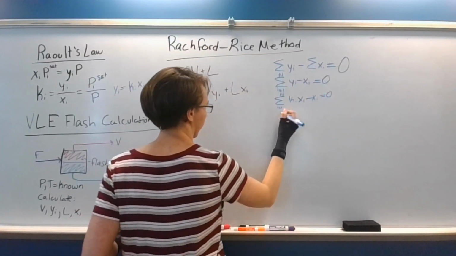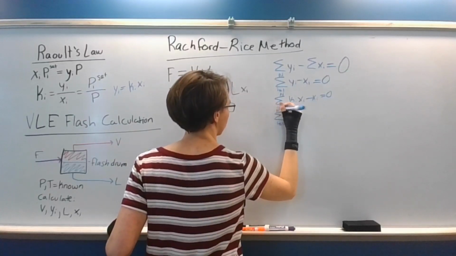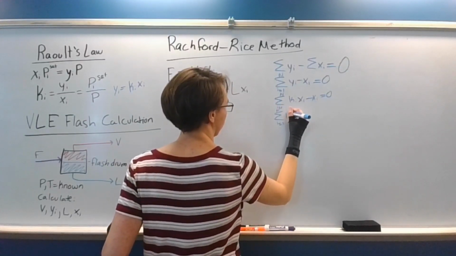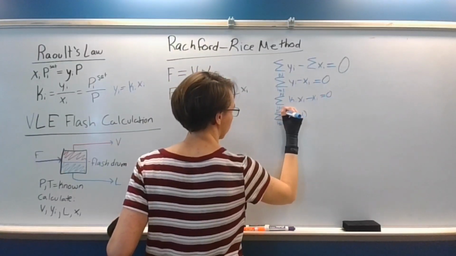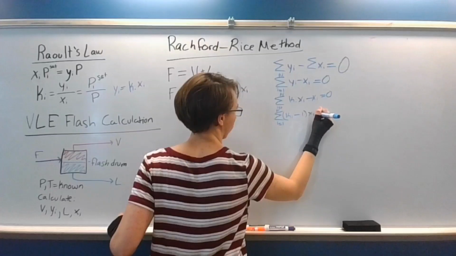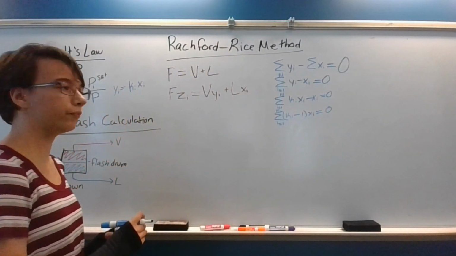And then we can factor that out and get that the summation from 1 to n of Ki minus 1 times the mole fractions in the liquid phase is equal to 0.